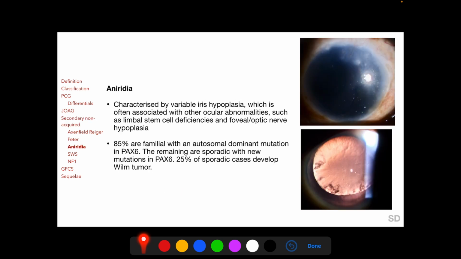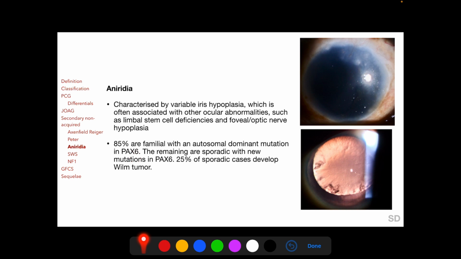Aniridia is characterized by hypoplasia of the iris, which is often associated with other ocular abnormalities such as limbal stem cell deficiencies and foveal or optic nerve hypoplasia. So in this photograph we see almost total aniridia with areas showing limbal stem cell deficiency, and this photograph shows a retroillumination view in which the zonular apparatus of the crystalline lens can be readily seen. 85% of aniridia patients have a family history with an autosomal dominant mutation in the PAX6 gene.